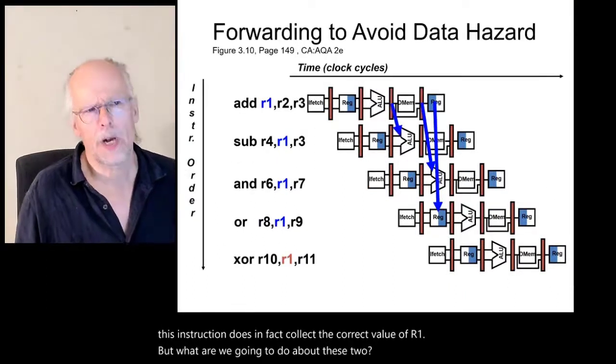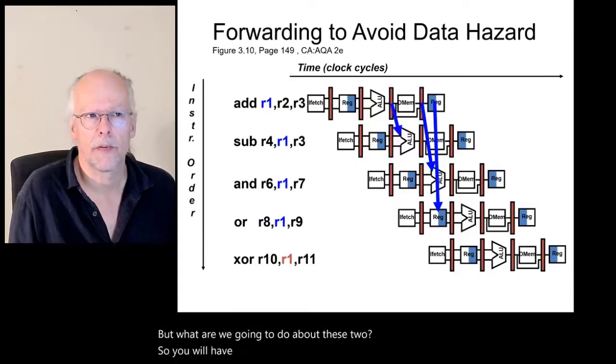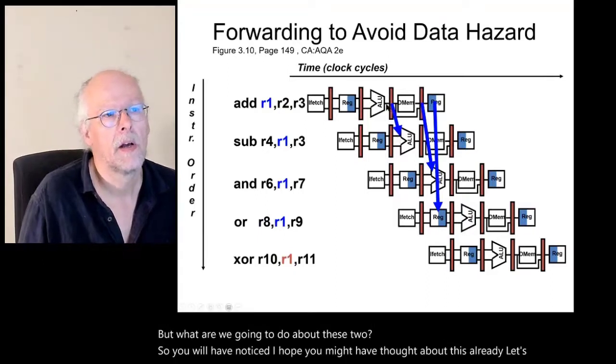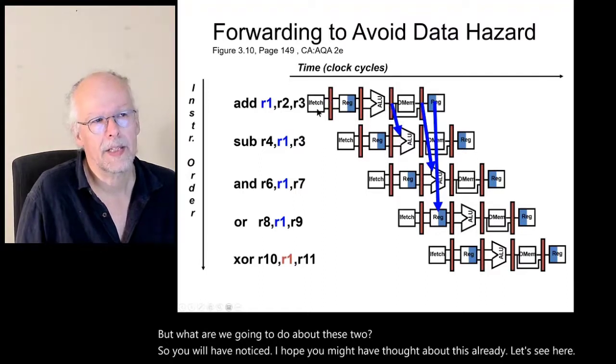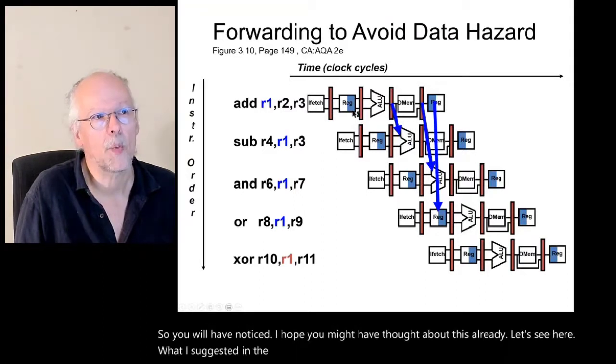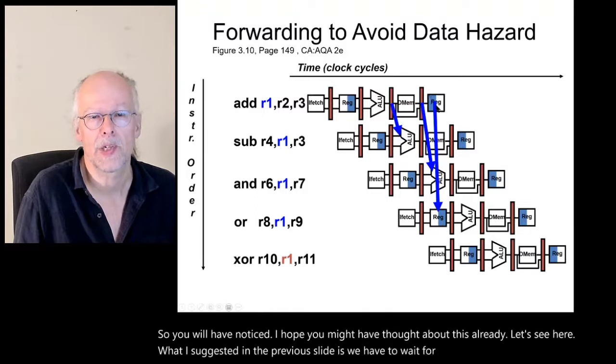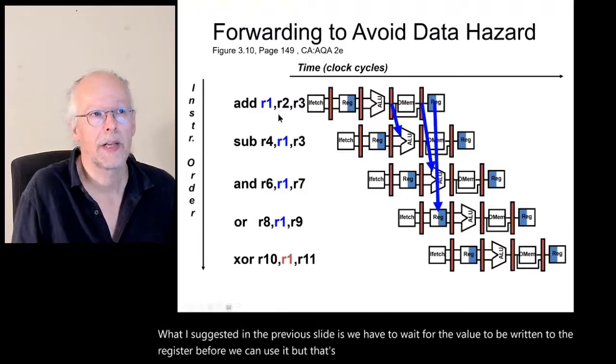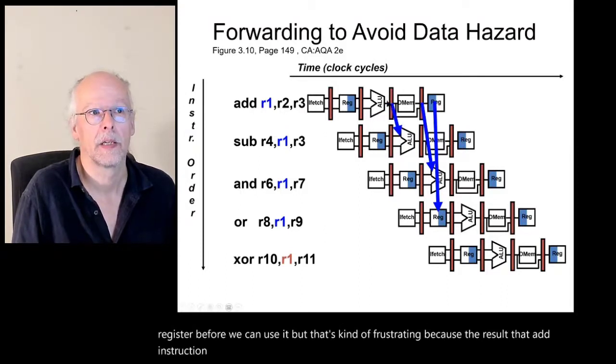So you will have noticed, I hope you might have thought about this already. What I suggested in the previous slide is we have to wait for the value to be written to the register before we can use it. But that's kind of frustrating because the result of that add instruction is computed at this point.